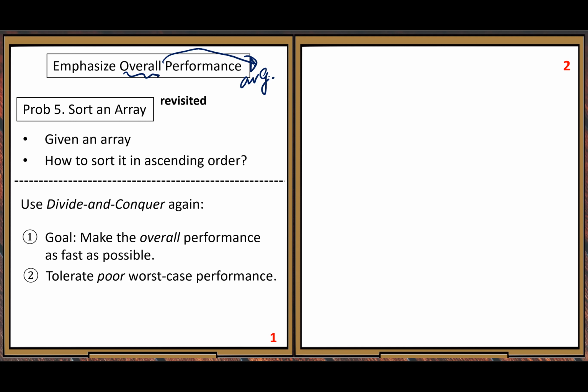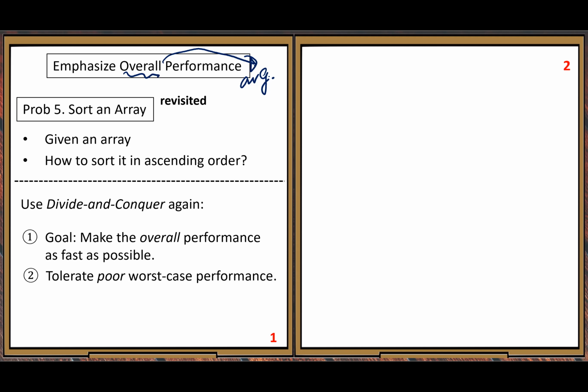If you want to do that, you need to tolerate poor worst case performance. So for this new one, you may need to tolerate. That means you cannot have the property of the merge sort.